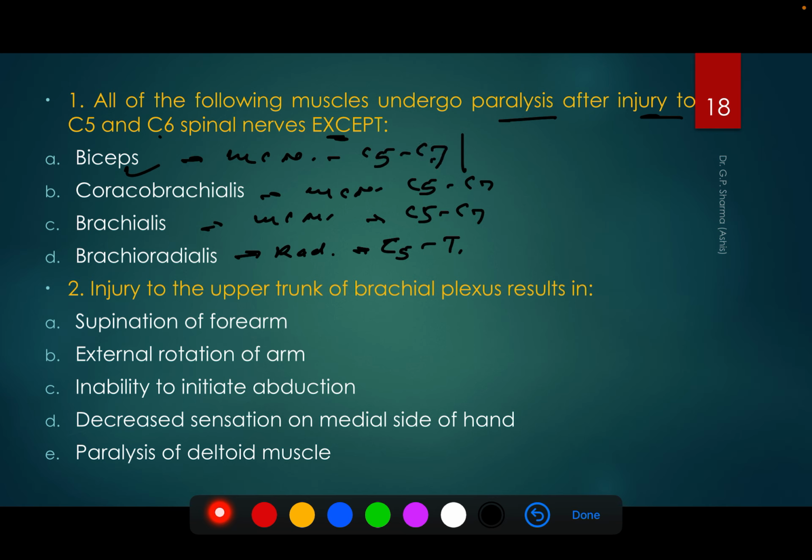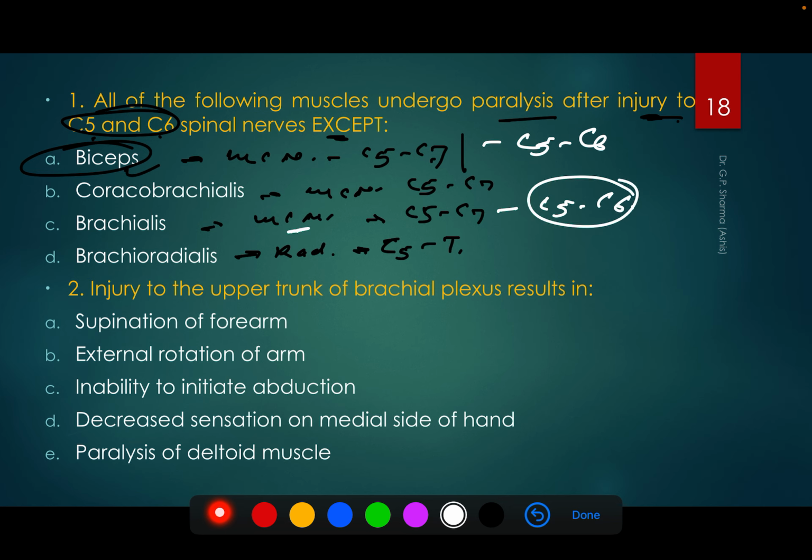So here we have to understand all the following muscles undergo paralysis after an injury to C5 and C6 spinal nerves except, that means biceps, injury to C5, C6, right? So biceps is supplied by C5, C6. Brachialis supplied by C5, C6. Though the musculocutaneous nerve root value is C5 to C7, the fibers going to brachialis are only C5, C6.